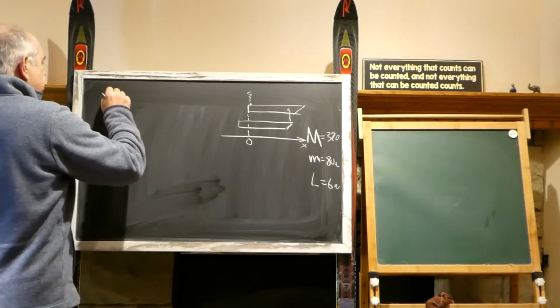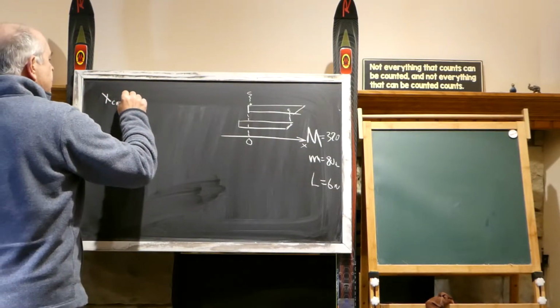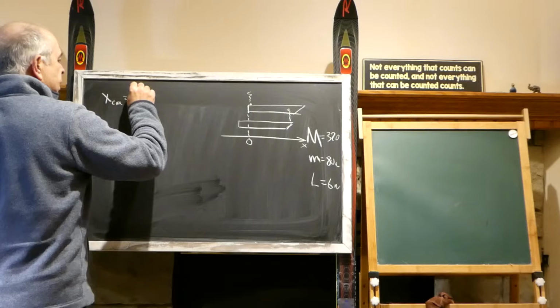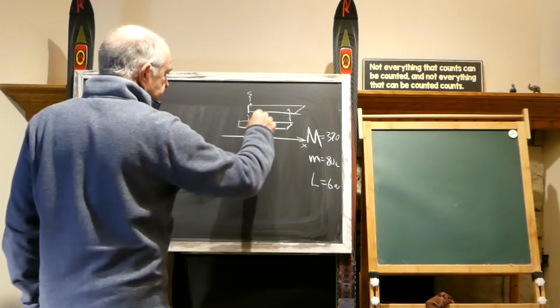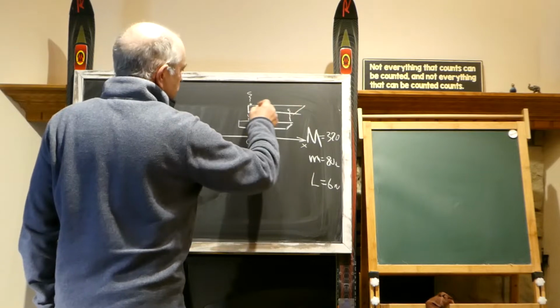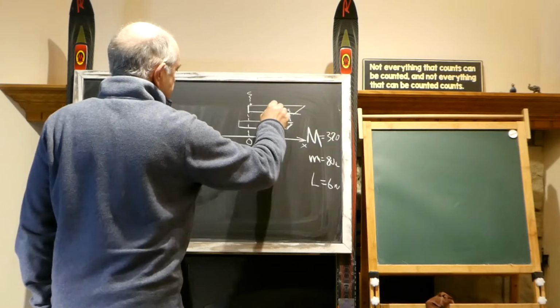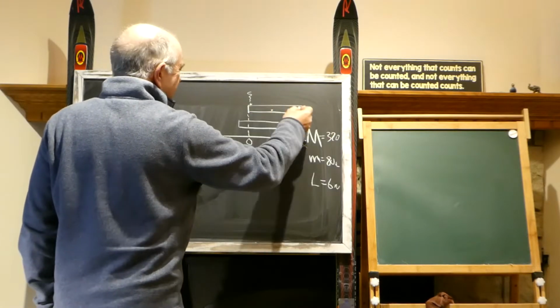And let's use the formula for center of mass, and it would be mass of the boat times the center of mass of the boat. We can say that the boat has its own center of mass.